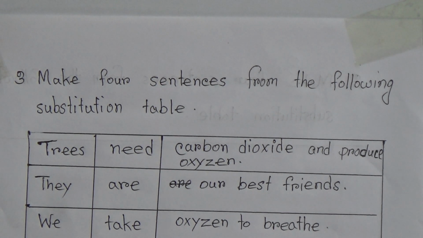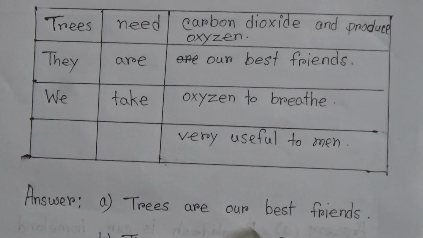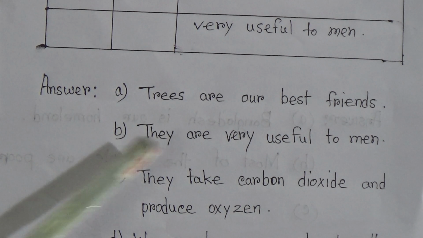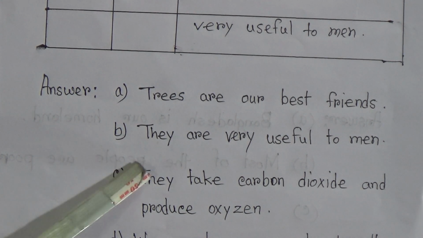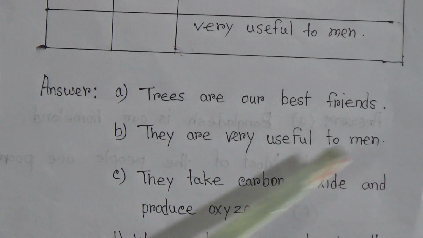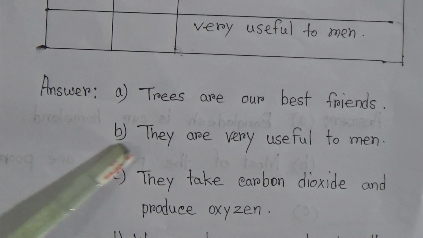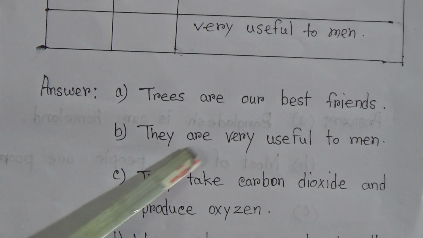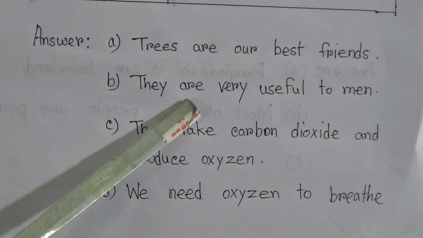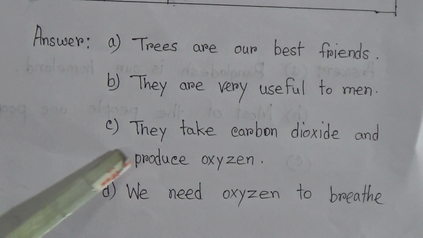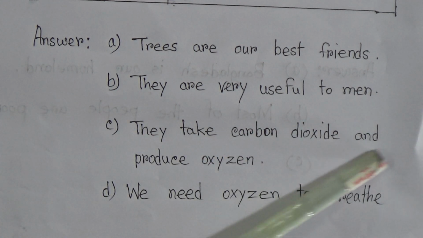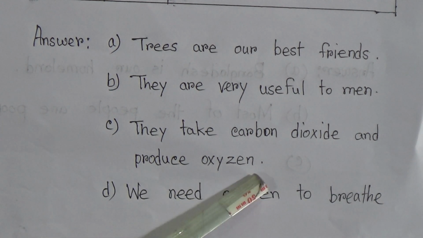So the first sentence, trees are our best friends. Number B, they are very useful to men. Obviously, with they we are going to write are. Then number C, they take carbon dioxide and produce oxygen.